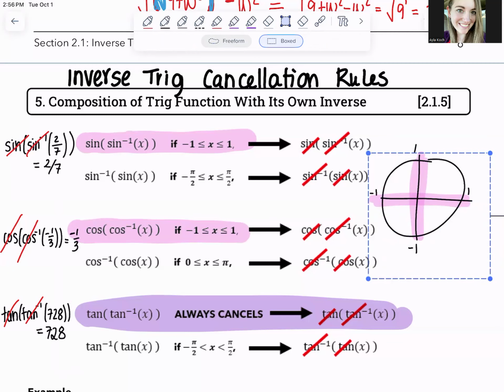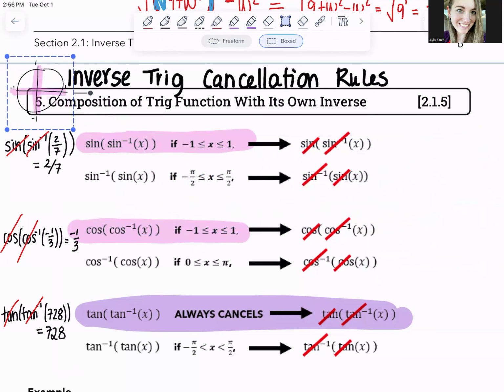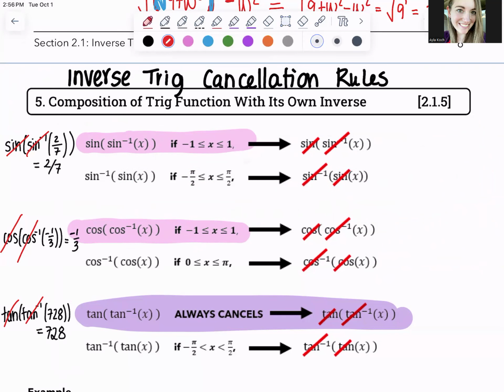Then for these other rules, it's all about what the range of that inverse function is. This inverse function on the outside is ultimately deciding the type of output that comes out.